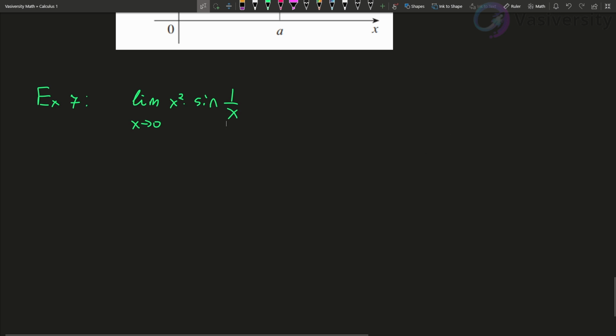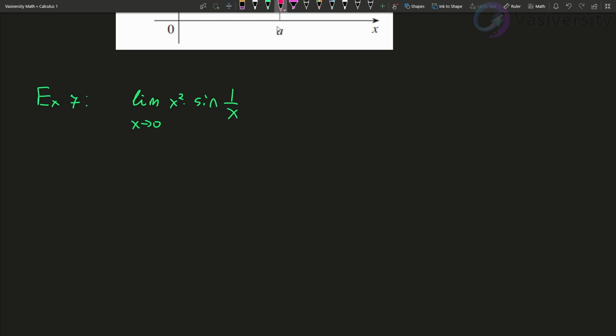Now in this case we cannot separate them, right? We cannot use the product rule because the limit as x approaches 0 of sine of 1 over x does not exist. We do have to use the squeeze theorem.